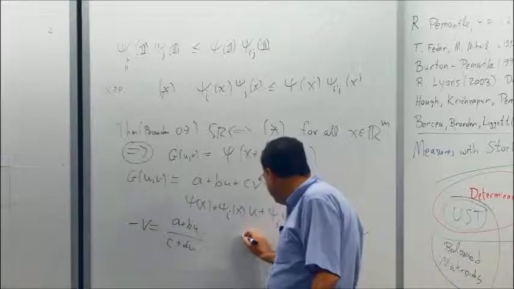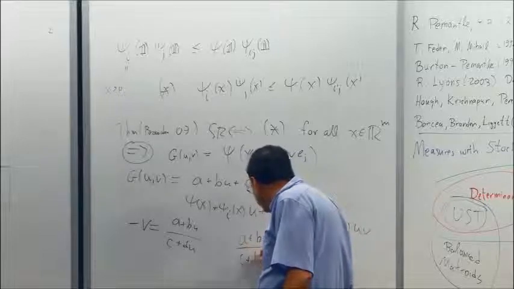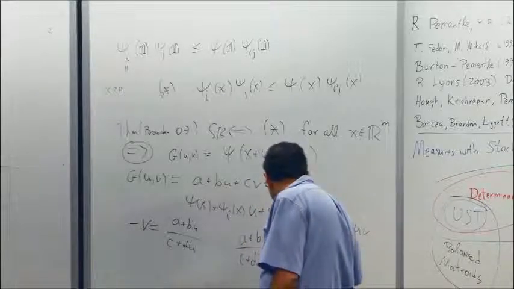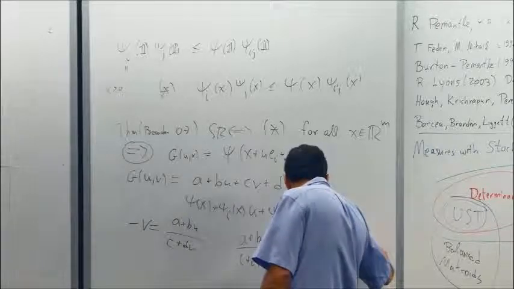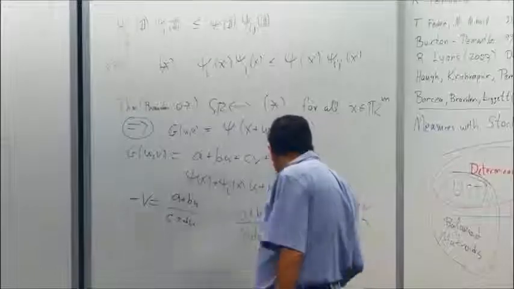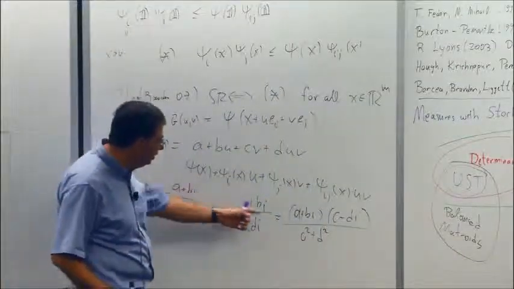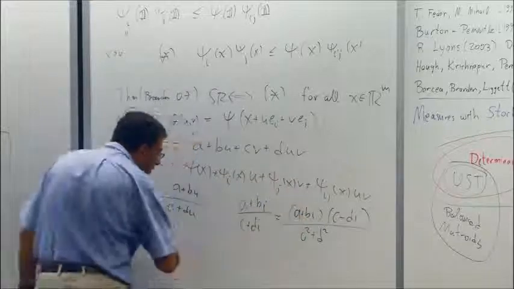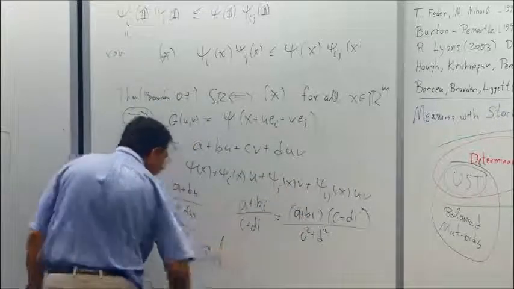So now if you look, what is (a plus bi) over (c plus di)? You write it as (a plus bi) times (c minus di) over (c squared plus d squared). And now you see that for this to keep the upper half space, you need here that bc should be bigger than ad.